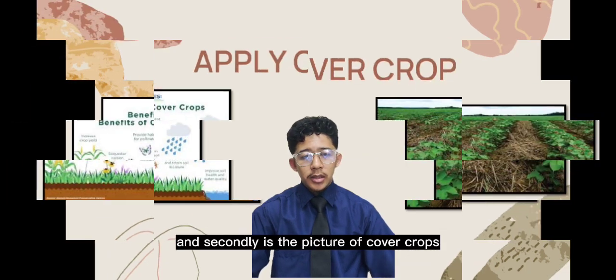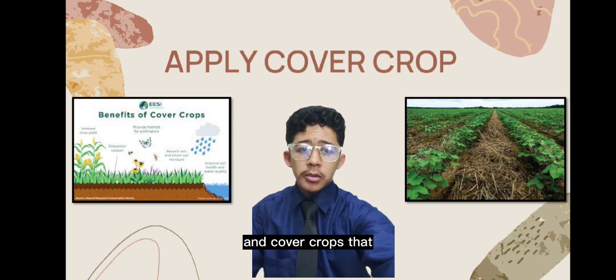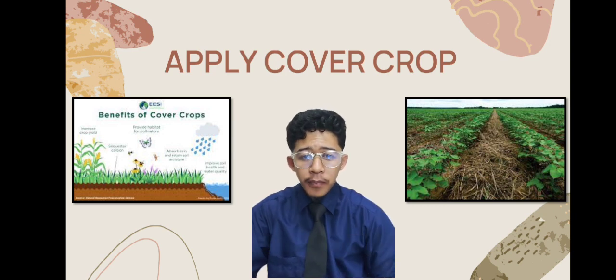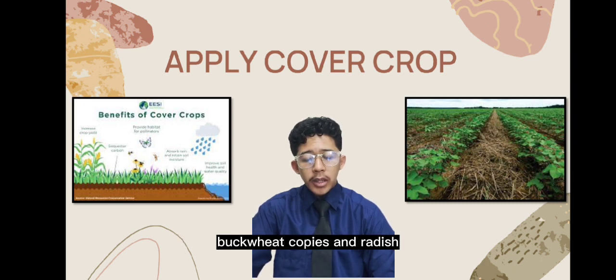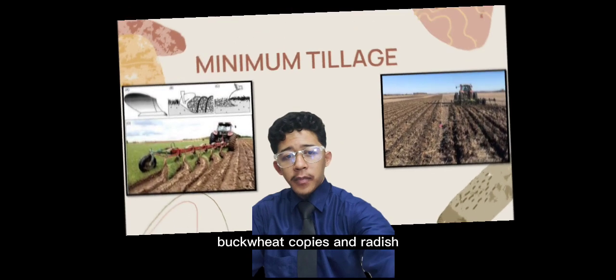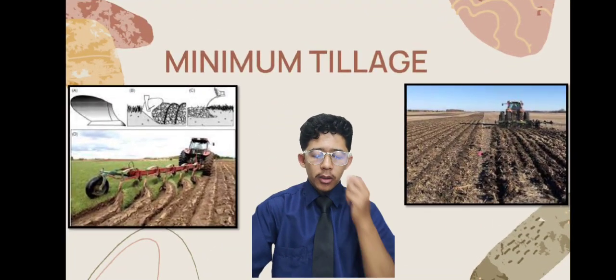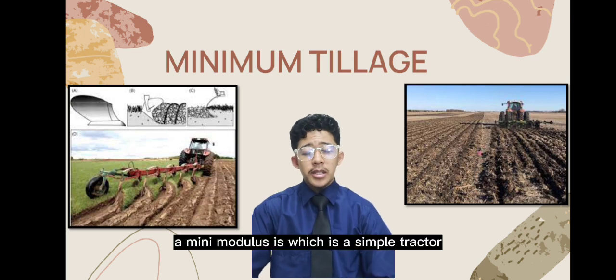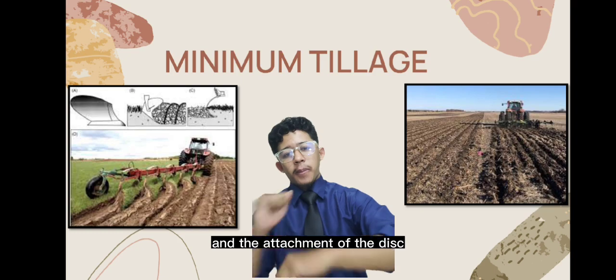Secondly is the picture of cover crops, and the cover crops that we can use are, for example, mustard, alfalfa, rye, clovers, buckwheat, cowpeas and radish. And lastly is the picture of minimum tillage, which is a simple tractor with the attachment of a disc.